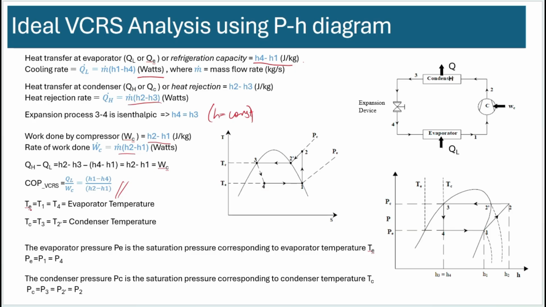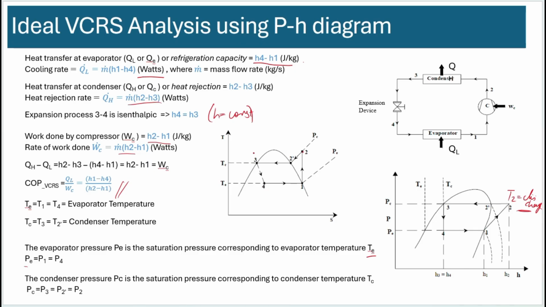And these are the temperatures. T1 and T4 are the same as the evaporator temperature, and T3 and T2 prime are basically the condenser temperature. T2 is not the same as T2 prime, okay? T2 is the discharge temperature. You know that T2 is much higher. So we will not use T2 in our calculations. The evaporator pressure is the saturation pressure corresponding to the temperature TE.